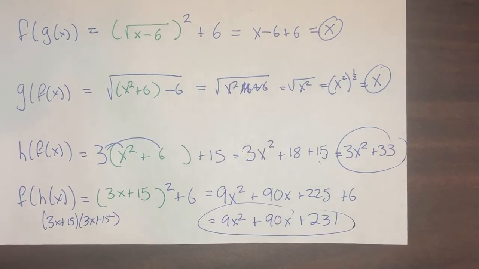So folks, composition is a really, really important topic. We use it, one, to get a deeper understanding of how these functions work and how they combine. And as I've shown you now, it's a crucial test of when functions are inverses of one another.